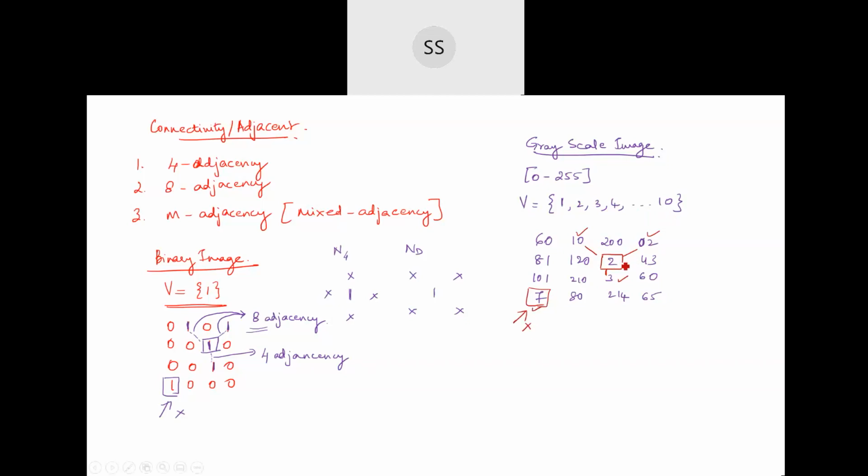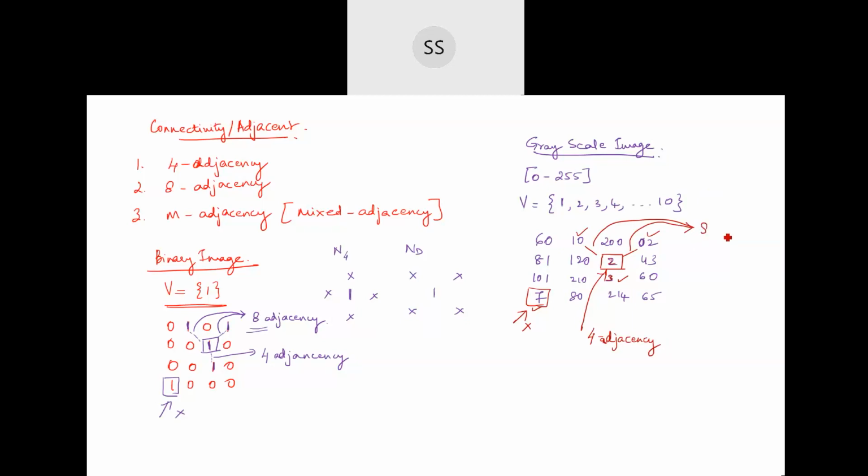But now let us take the pixel which is at 2 and see how it is connected to 3. As I already told you, the straight line connections are called 4 adjacency connections. And these diagonal connections, what kind of adjacency are they called?